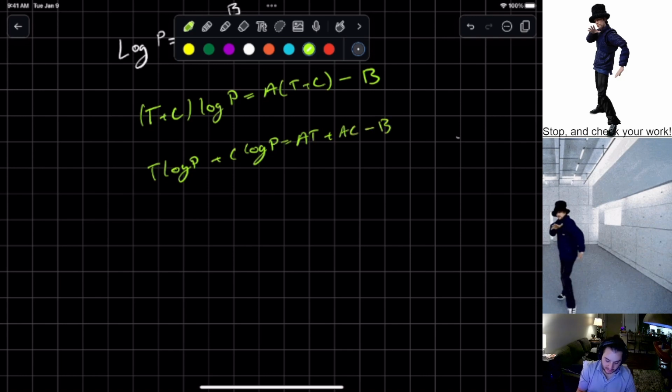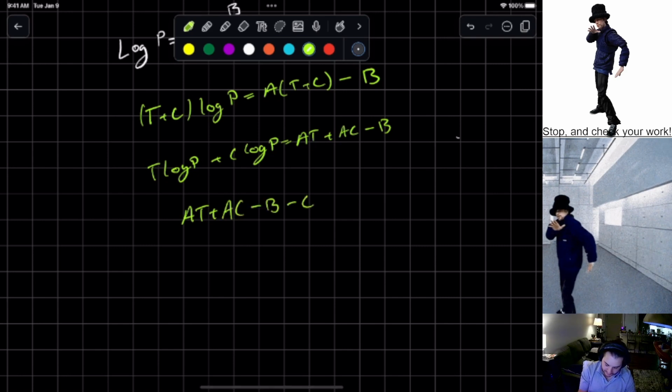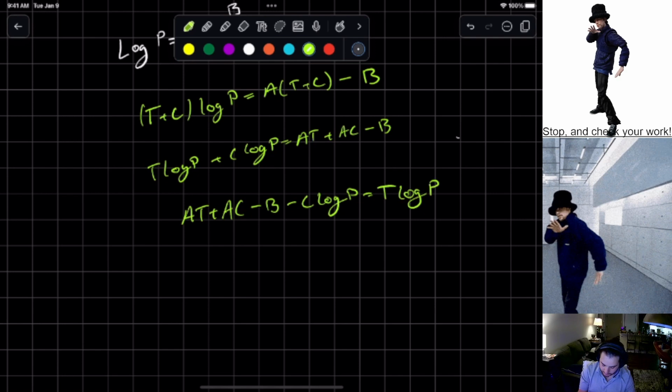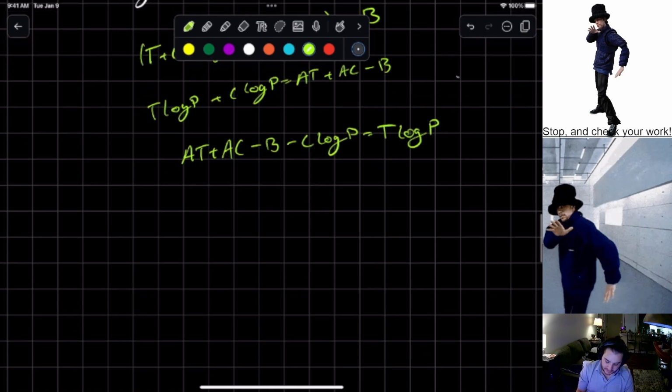So in the final cut of this equation, we get AT plus AC minus B minus C log P is equal to T log P. So there are a few variables that we can get in with this.